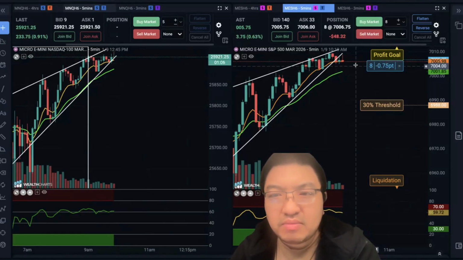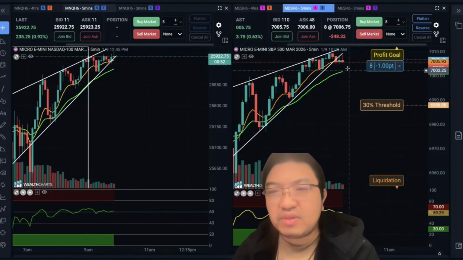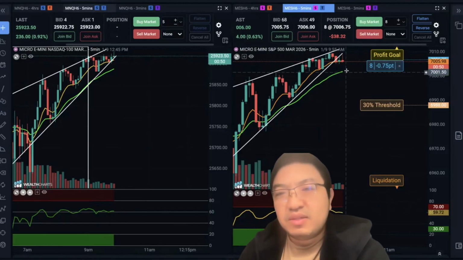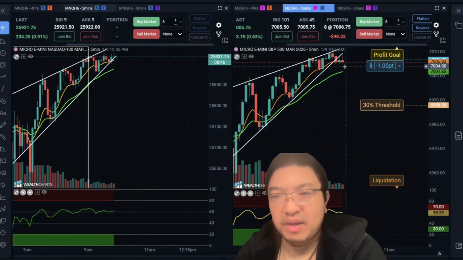If it breaks this line, then probably I just need to go down, because ES shows a very strong retest of the lower bound and then continues to fall back. Break a little bit, retest, rejected by the lower bound and continue to the downside. Oh, you fool me again.